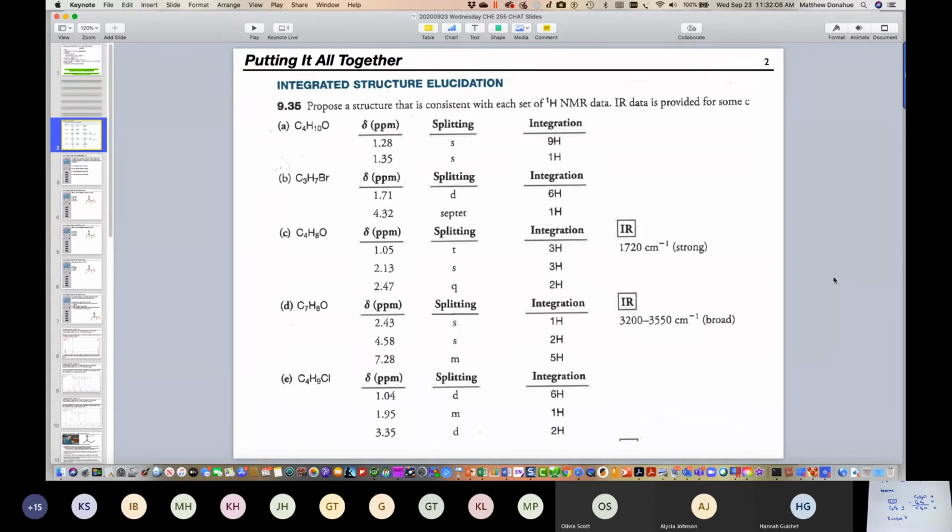Is there one integration that seems sort of off to you in a sense? So Aiden says the multiplet. So yeah, 5. So it's easy to rationalize 1, 2, or 3, right? Methine, methylene, methyl. So 5.